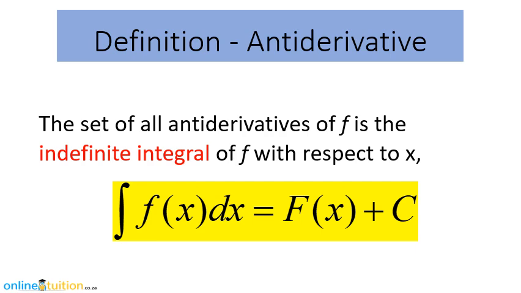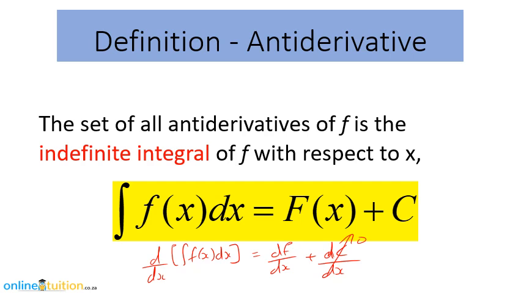Now this is interesting because if I differentiate both sides of this, what does it tell me? Think about that carefully. With respect to x, d dx of the integral of f of x dx, integral, that's what it's called, is equal to dF dx plus dC dx, but we know that is 0 anyway.